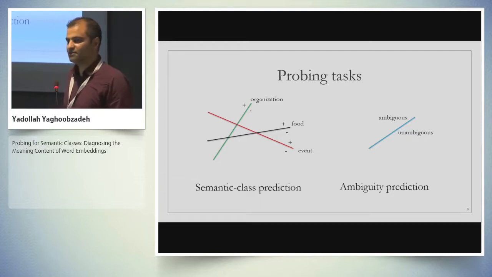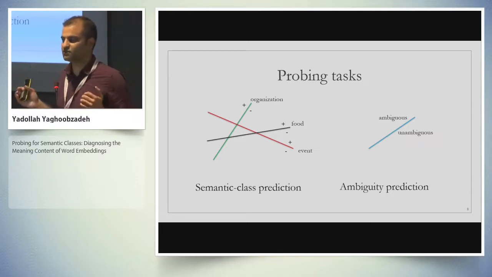For semantic class prediction, for each of the semantic classes, like food, we divide the space into two subspaces. One subspace is the words that are food, and the other subspace is the words that are not food. Ambiguity prediction is where we just divide the space into two subspaces, whether they're ambiguous or not ambiguous.